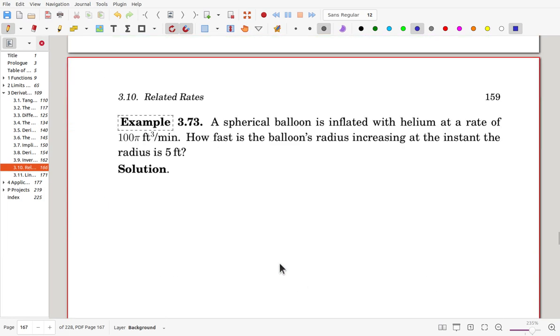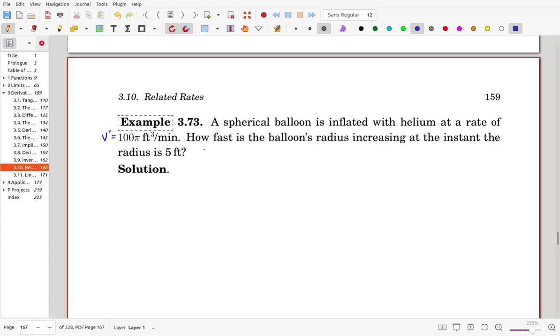This example is a continuation of the previous example. A spherical balloon is inflated with helium at a rate of 100 pi cubic feet per minute. That means that V prime is 100 pi. How fast is the balloon's radius increasing?